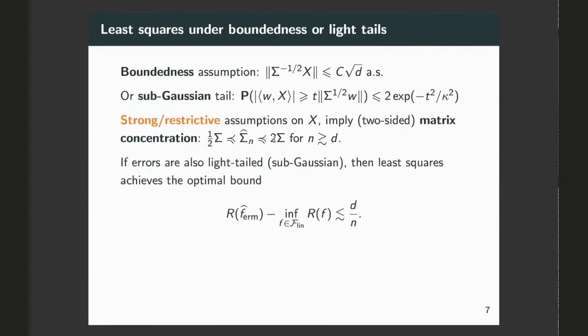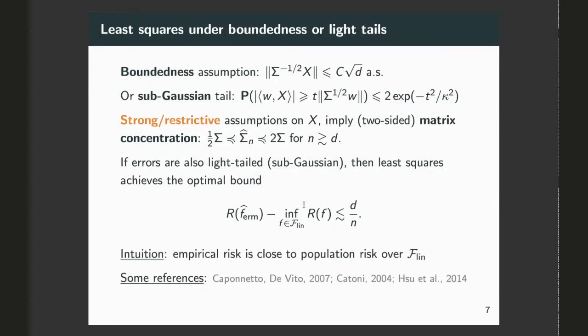And this means that if the errors are also light-tailed, so sub-Gaussian, then we know that the ordinary least squares solution will achieve the optimal bound, which is d over n. The intuition behind this phenomenon is really related to concentration of measure.